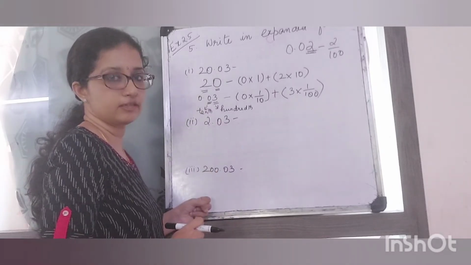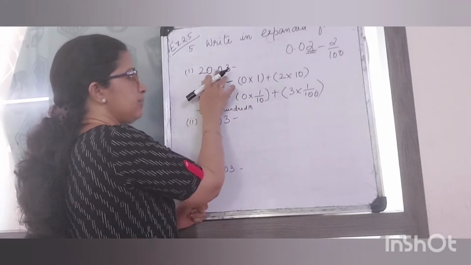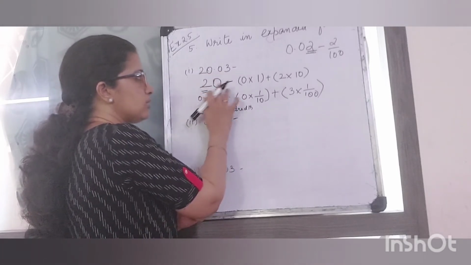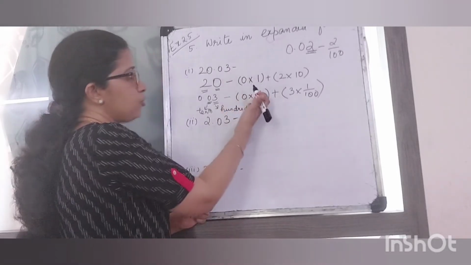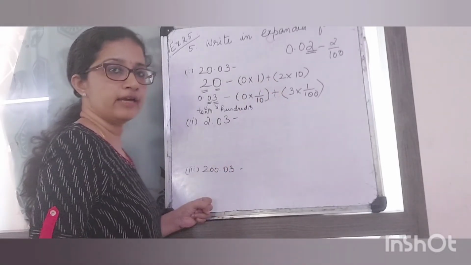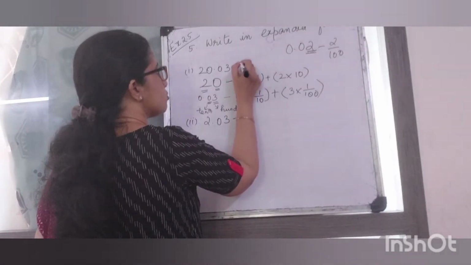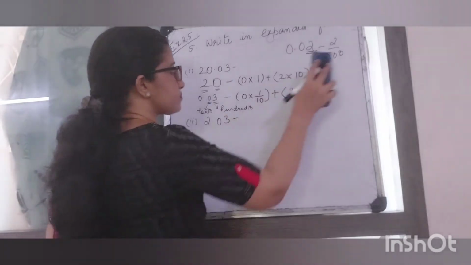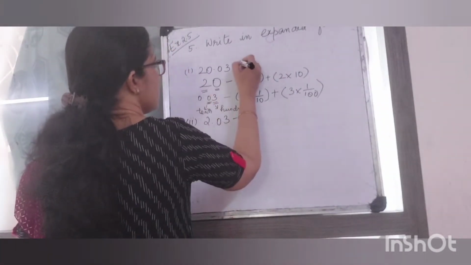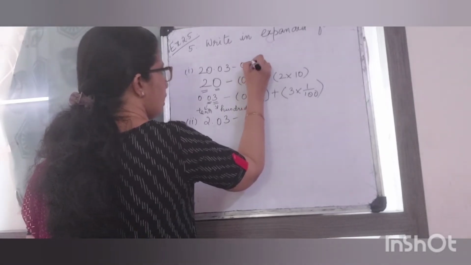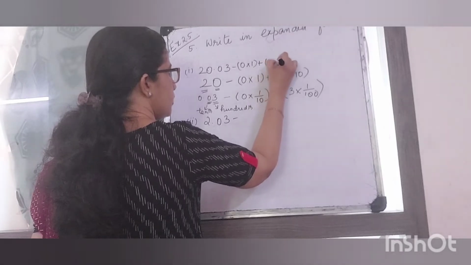You can try solving it. Now what should we do? We should combine these two. The question is 20.03. We have individually solved 20 and 0.03. Now we just have to add these two to get the answer. So 20.03 can be written as 0 into 1 plus 2 into 10.